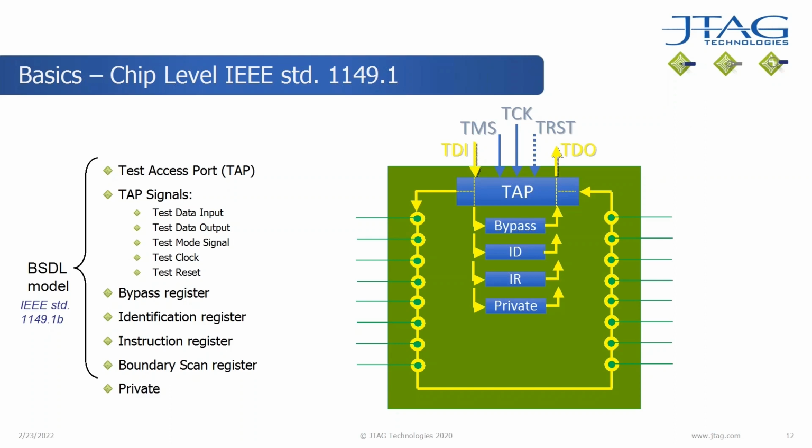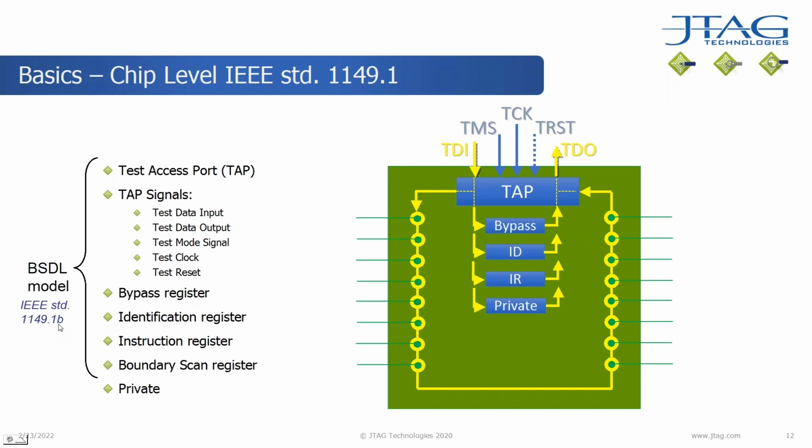Okay, now all of this, apart from the private registers and instructions, all of this information about the boundary scan logic in the device is described in a model called the BSDL model. That's Boundary Scan Description Language Model. That has its own standard, by the way, IEEE Standard 1149.1b.